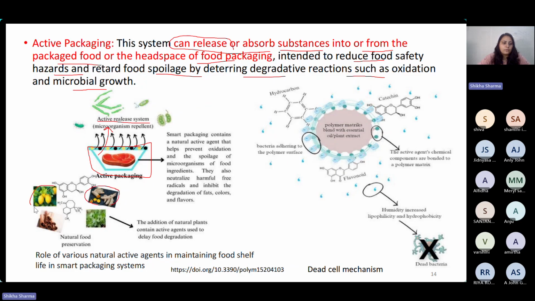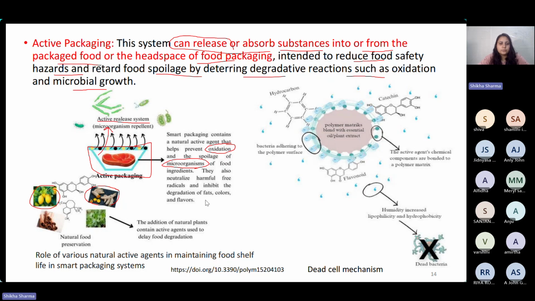From the lemon, lemon essential oil or other active compounds can be there. So it will interact with the microorganisms and decrease their growth, or sometimes it will prevent oxidation also. Oxidation and microorganism growth.